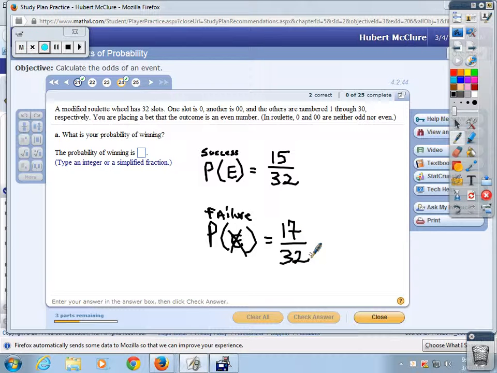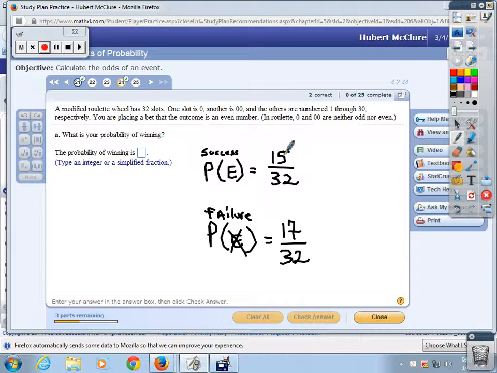Because what is not even? It's all the odd numbers here, but what? These two right here. Remember, how many slots are there on the wheel? There's 32. So this number and this number have to add up to 32.